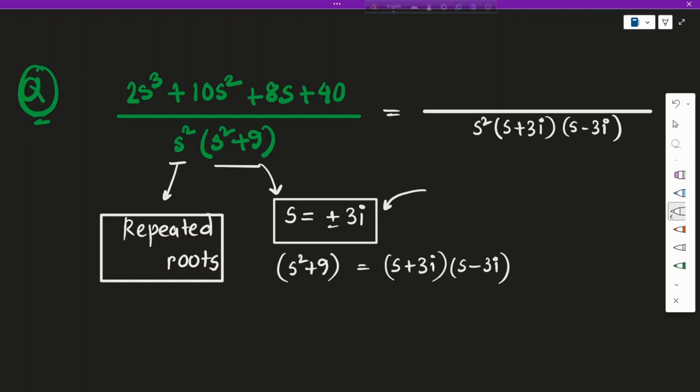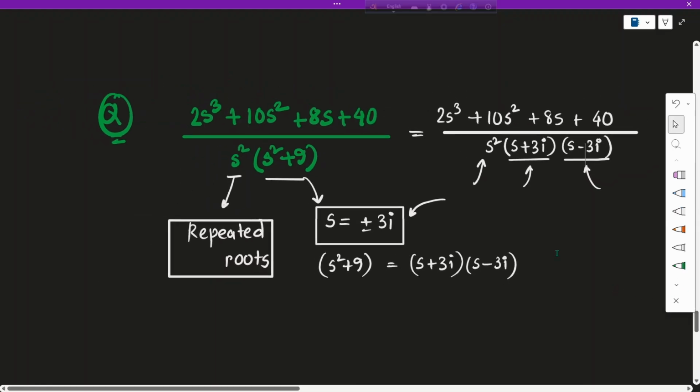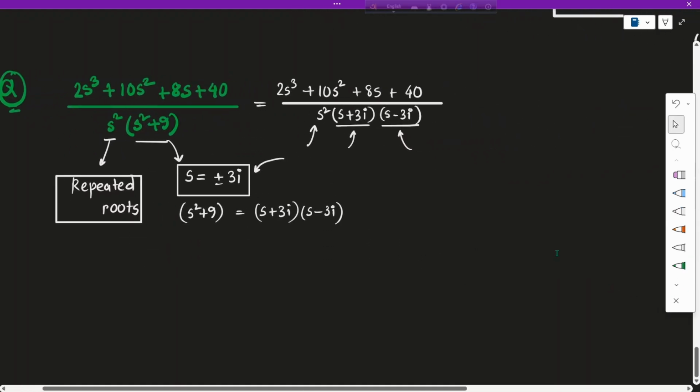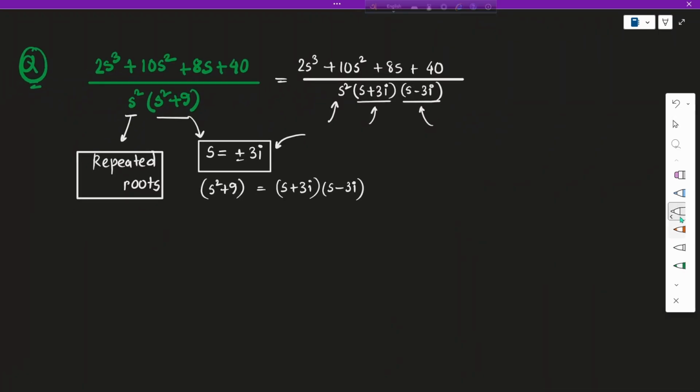So now if you look at it, these two parts are unique roots, and these two parts can be done with the thumbs up method, and this one can be done with the repeated roots method. All right, so let's test it out. Enough blabbering about theory.